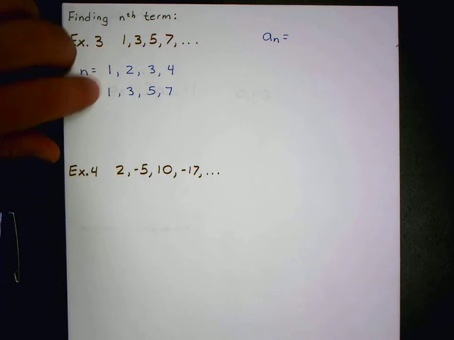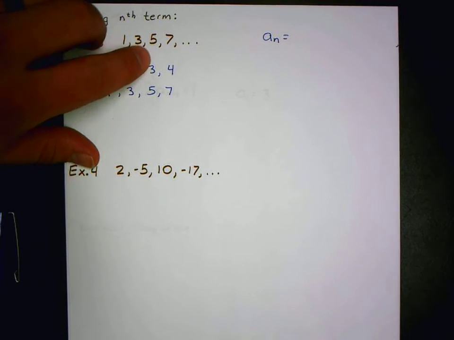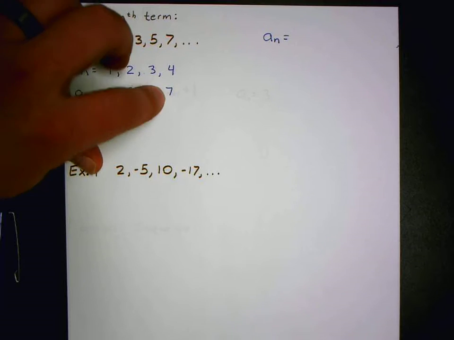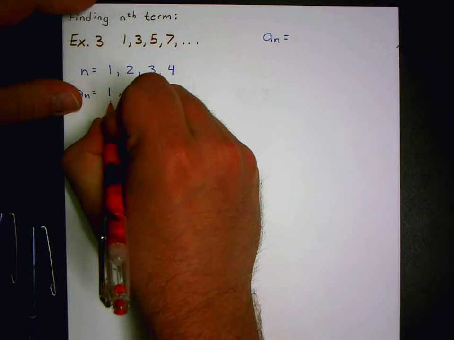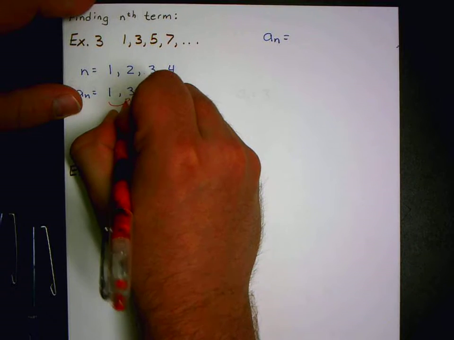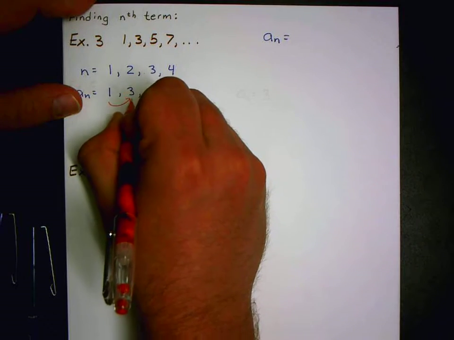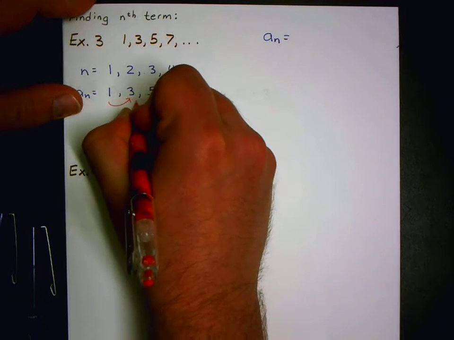So, first term is 1, second term is 3, third term is 5, fourth term is 7. Some other things that might help is finding differences between things. If it's linear, what you'll notice is there will always be the same difference.